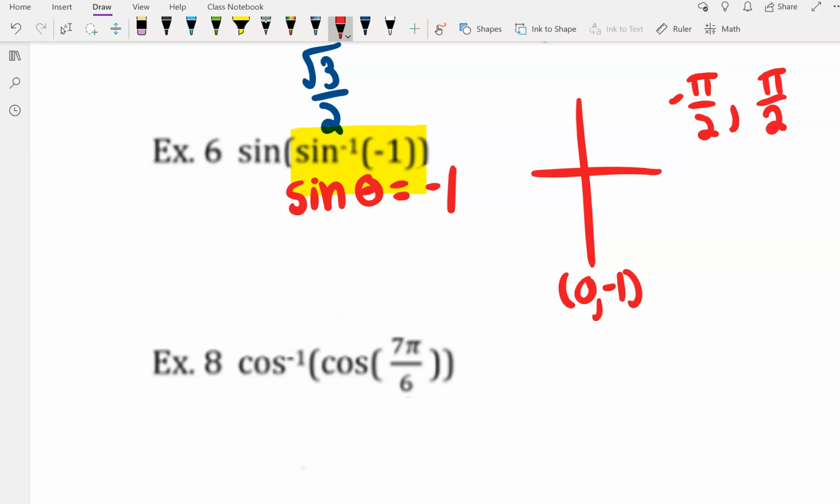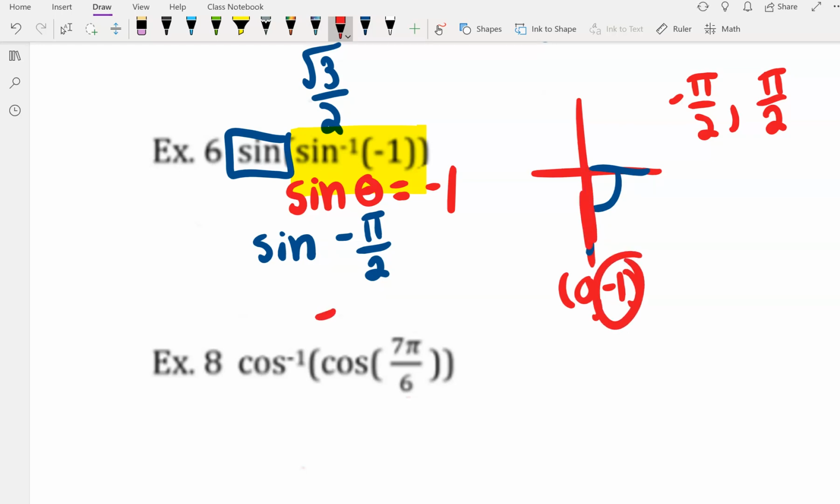Those are our principal values. So 3 pi over 2 isn't going to be an acceptable way to write this answer. But remember, this here is the same as negative pi over 2. So my answer for this little part is going to be negative pi over 2. Right, and then we need to find sine of that. And sine of negative pi over 2, we're already there with this angle here, is going to be negative 1.